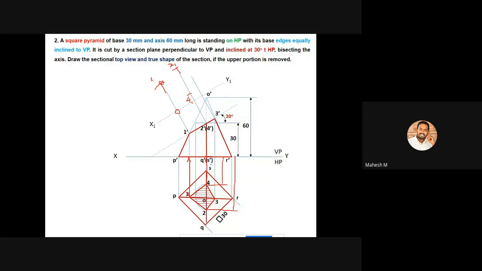So 2 1 is far away from the reference line, so you have to create 2 1 far away from this imaginary reference line. Then you can measure the distance of point 3 from this actual reference line, and create an arc like this. After doing that, you can mark the notations 1 1, 2 1, 3 1, and 4 1.